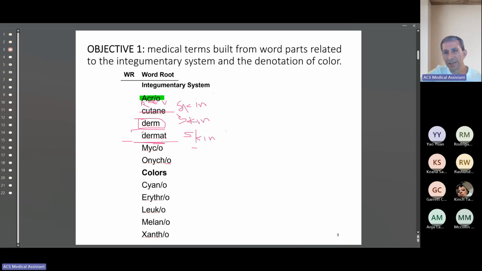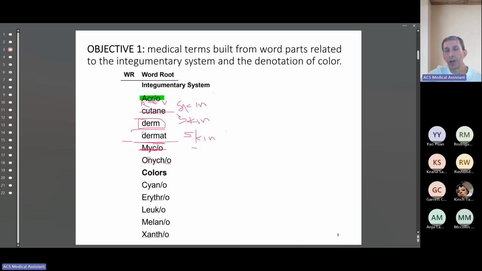Next one. This is another one that probably is a little difficult to remember. Myco, or myc. This means fungal or fungus. Later on, we're going to see how we are going to apply this word root plus the suffix to give a complete meaning to a word that is used very commonly when you have a fungal infection in this particular part of the body.